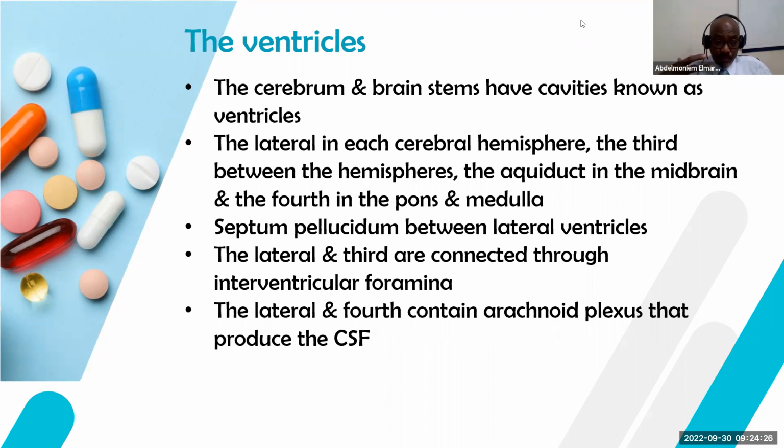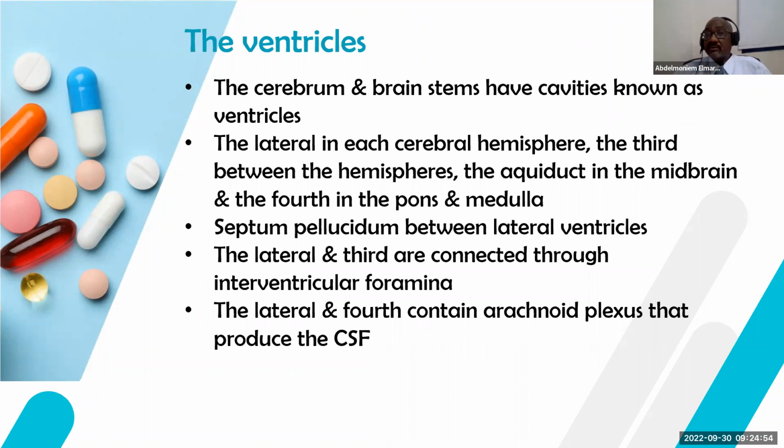So there is production of CSF in the lateral ventricle, and it continues in the third ventricle because some of the arachnoid plexus passes through the interventricular foramen. But the fourth ventricle has its own arachnoid plexus that produces more cerebrospinal fluid.